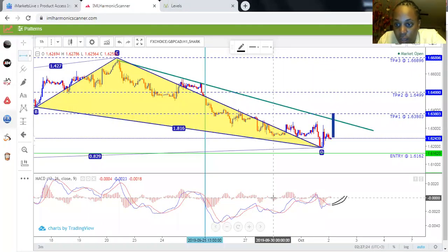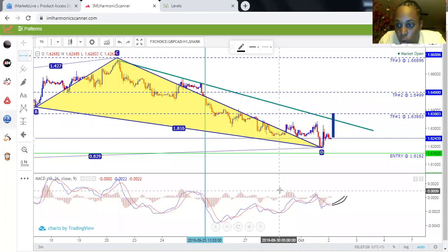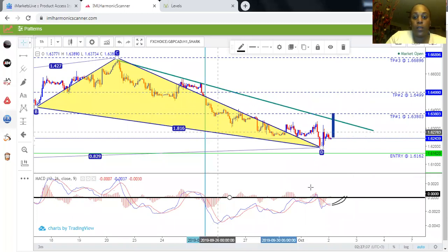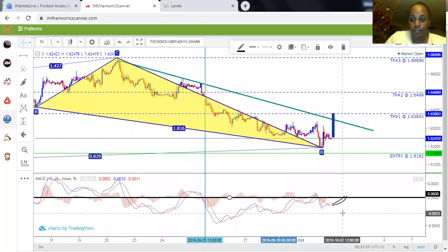Just look to the right and you see that when it goes up, you can see 0.0010. You're going to bring that down until everything is zeros right here. That's your zero line. That is your zero line.